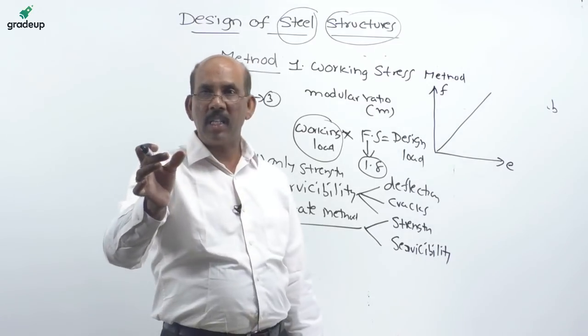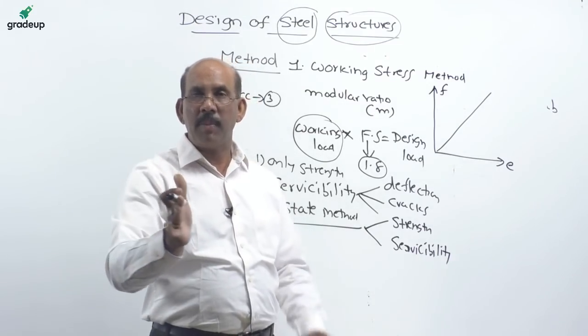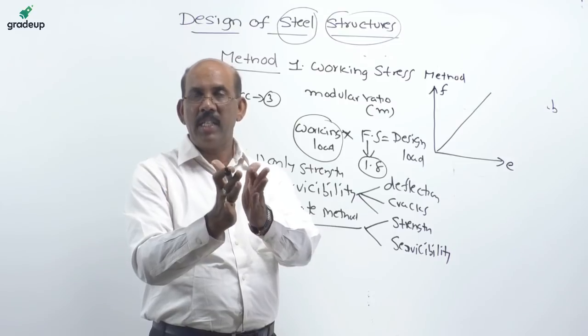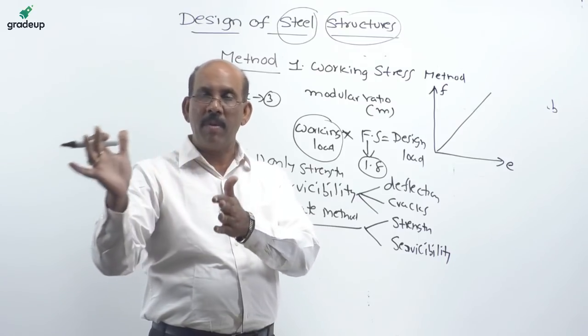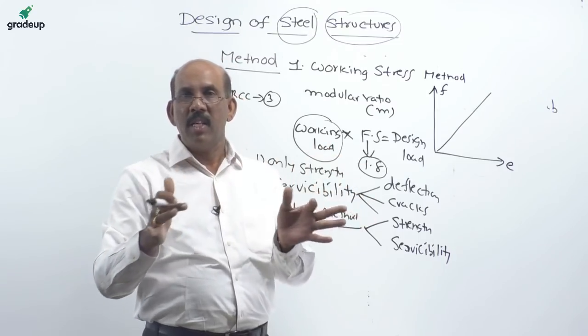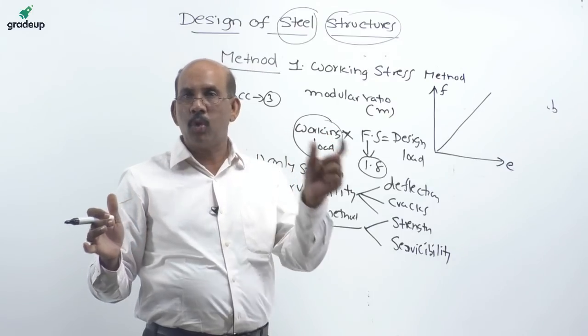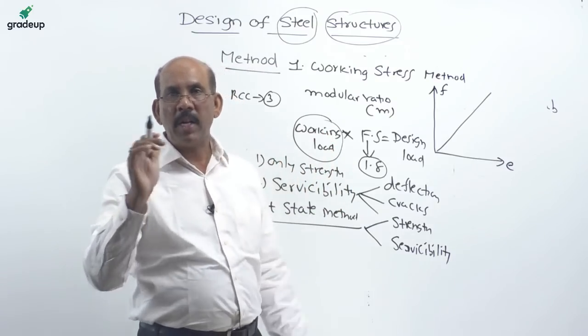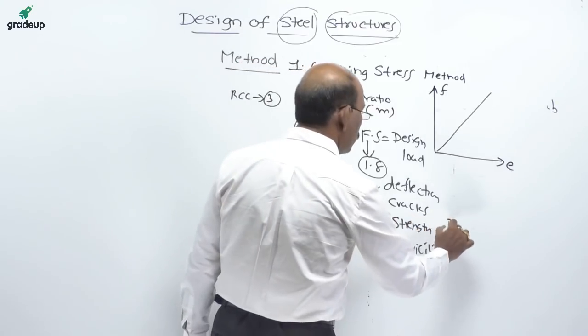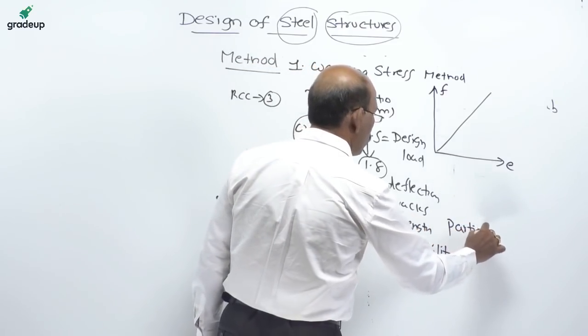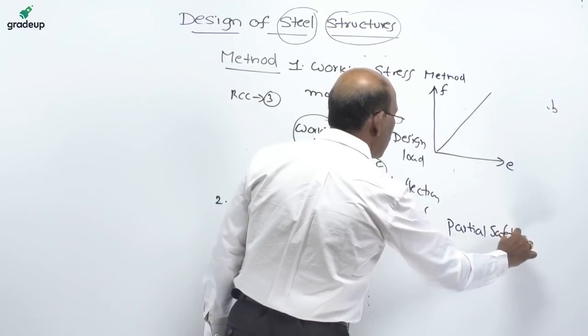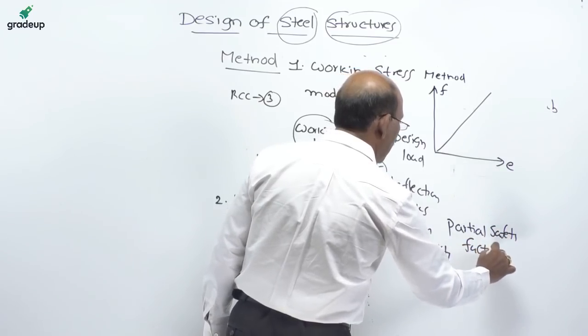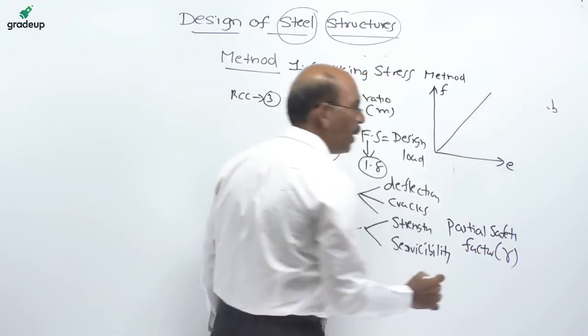Here, the factor of safety is split, one taking care of the material and one the strength. Therefore we split it into two and call it the partial safety factor, denoted by gamma.